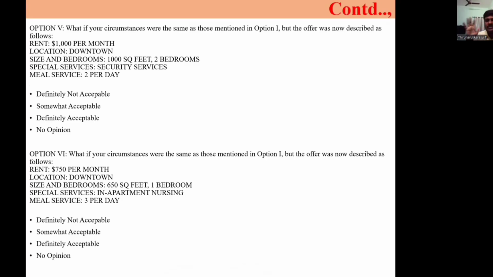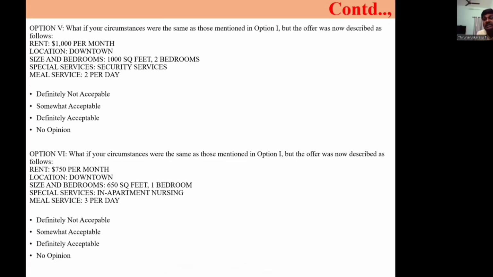These six options are there. If anyone presents the six options for my retirement planning, I may choose option 6, because in this option 6 the rent is only $750. The location is also, as per my preference, downtown. 650 square feet is enough housing space for living after retirement, and one bedroom is most sufficient.